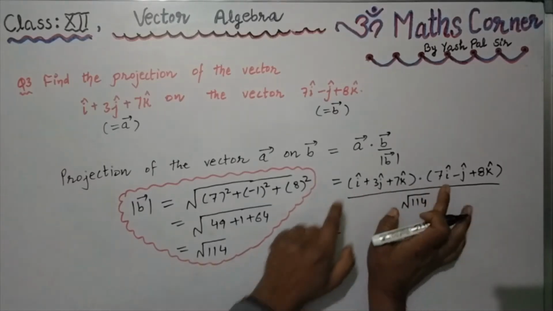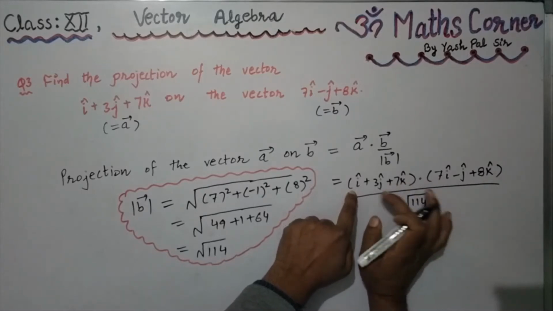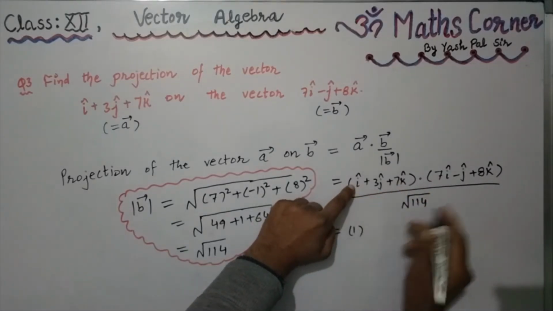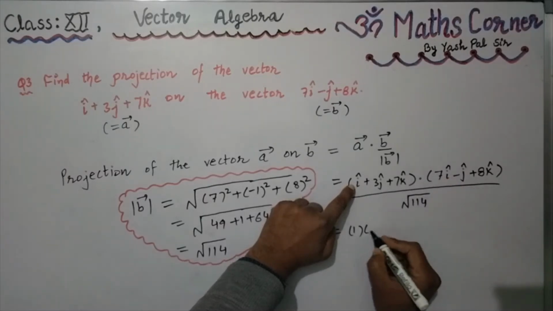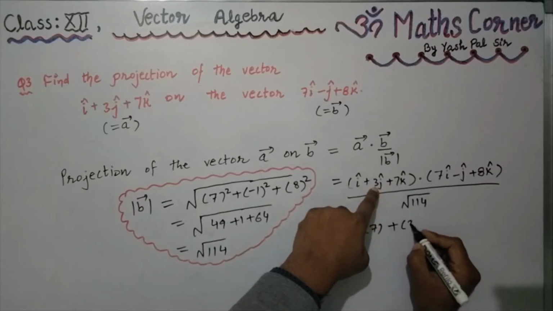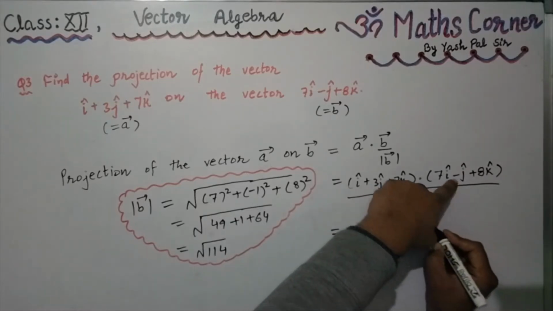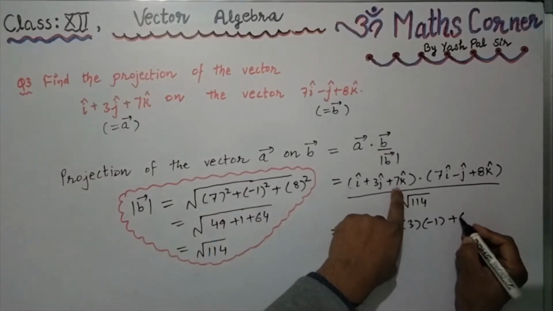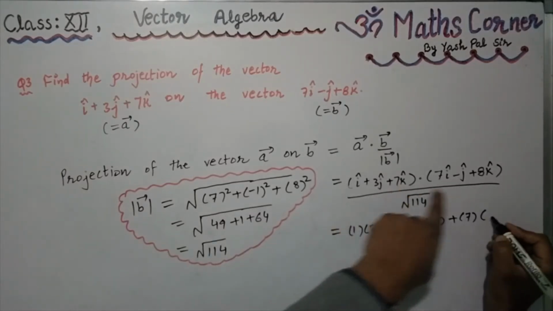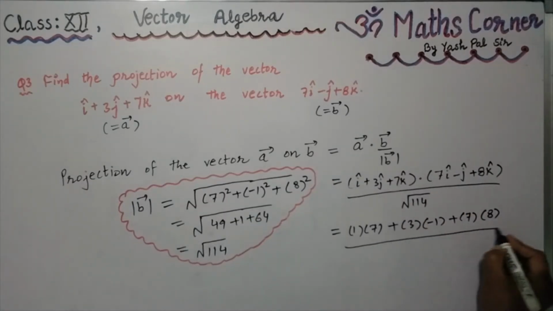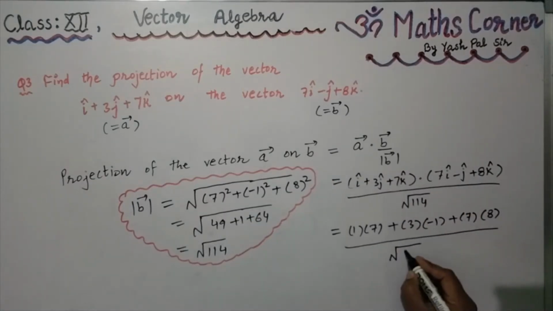How to find A dot B? The coefficient of i is 1, here the coefficient of i is 7, product. Plus the coefficient of j is 3, here the coefficient of j is minus 1. Plus the coefficient of k is 7 into the coefficient of k, which is 8. Divide by square root of 114.